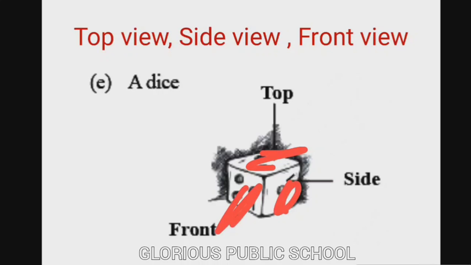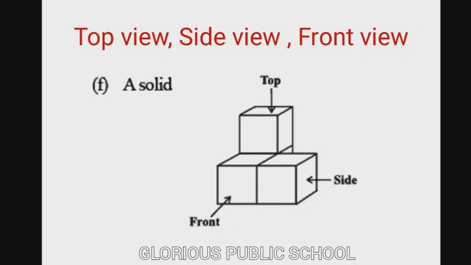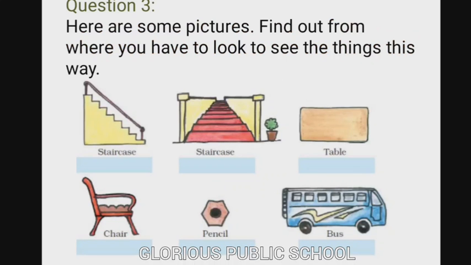Now some examples for you. Here some pictures are given. Find out from where you have to look to see the things this way. First two examples are of a staircase. Can anyone tell me which view of the staircase is in the first picture?